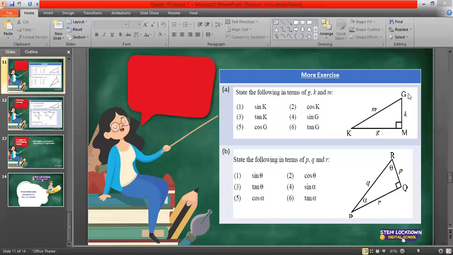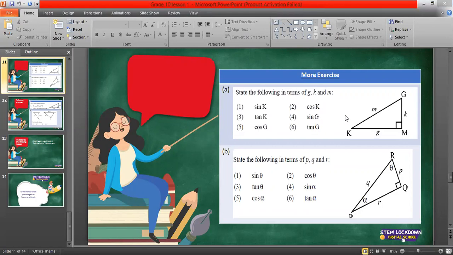Again, the side facing the angle will be the baby one. So here is our baby g, this is our baby m on this side, and this is our angle K, and this is our side k. All right, so now what is the value of sine K? Remember, sine is opposite over hypotenuse.